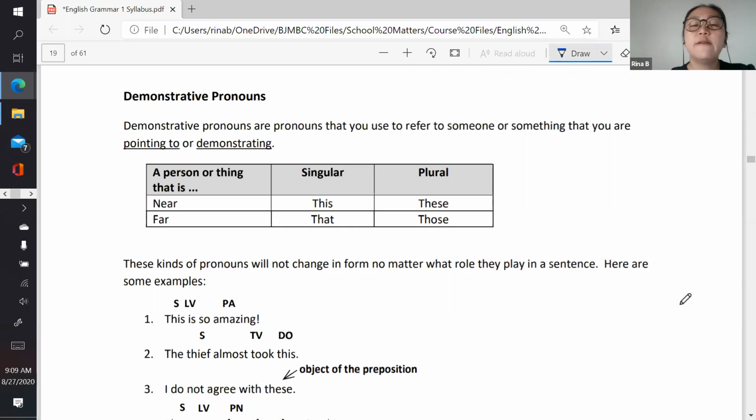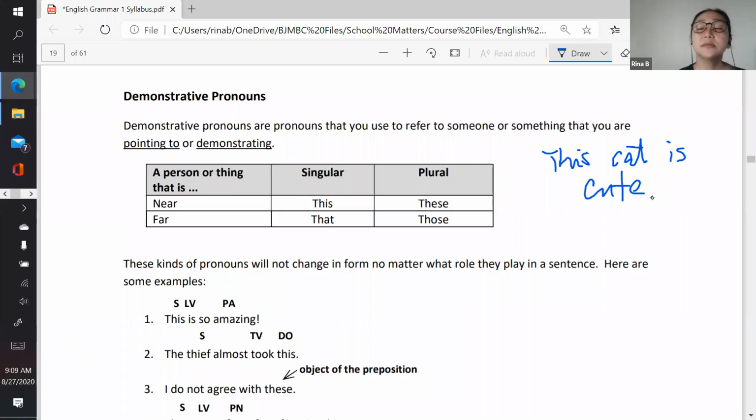So if we say, this cat is cute, the word this is not really acting as a pronoun.